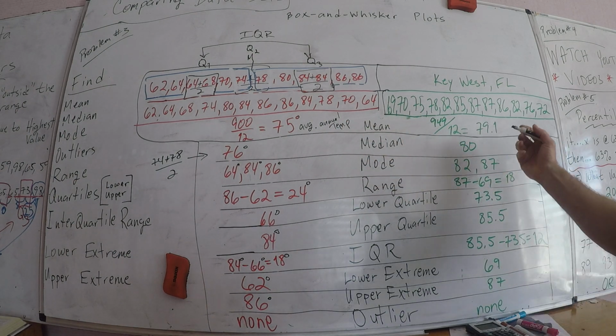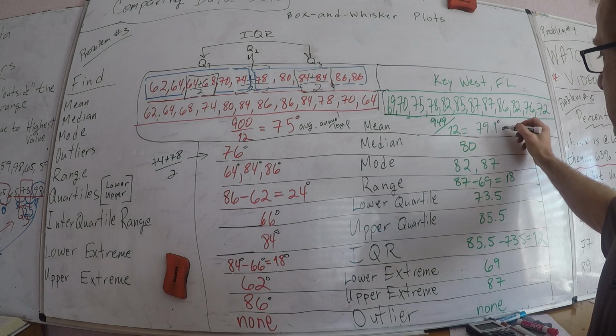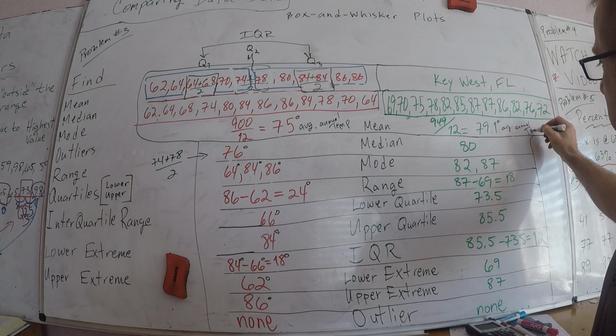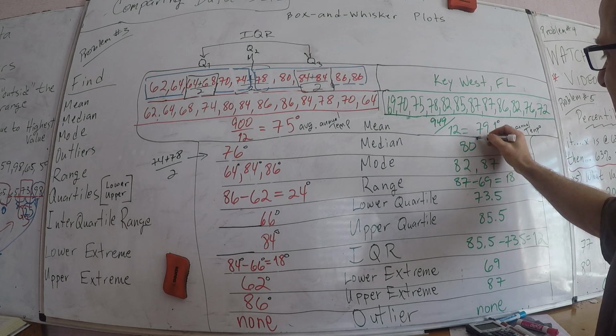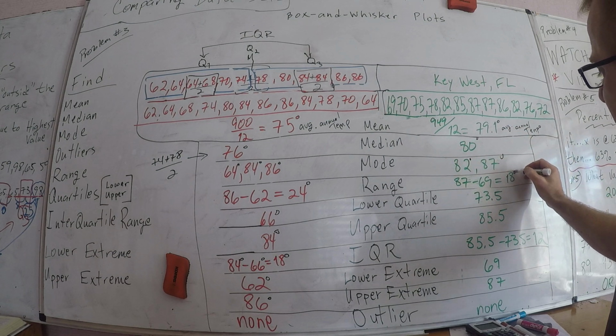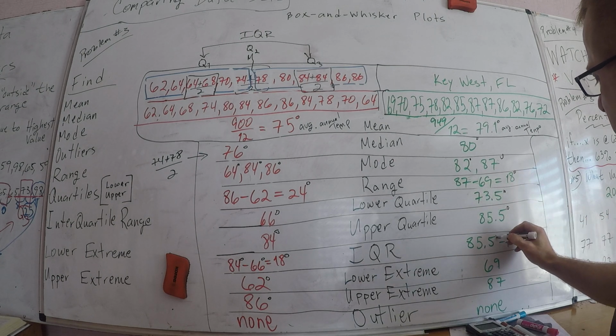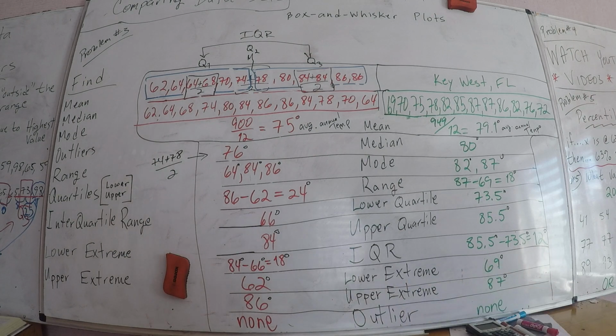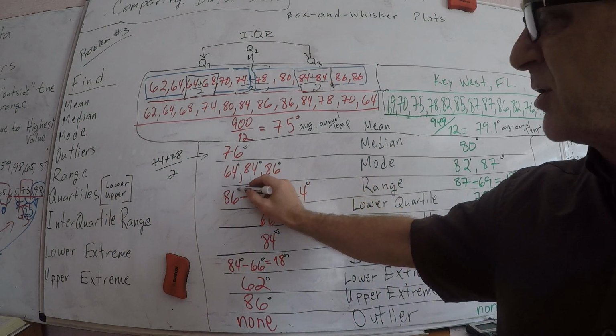We can compare our data. We can talk about this, and we can make decisions on this, right? Degrees, degrees, degrees, degrees. We can make decisions on all this stuff.